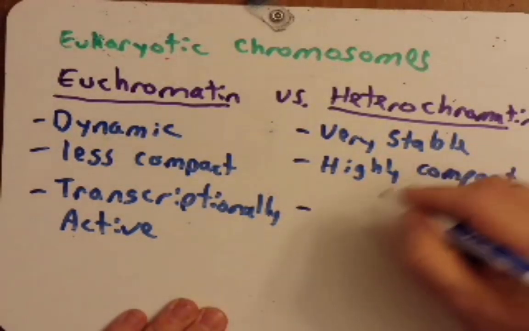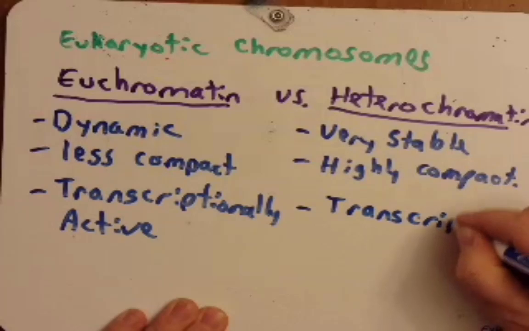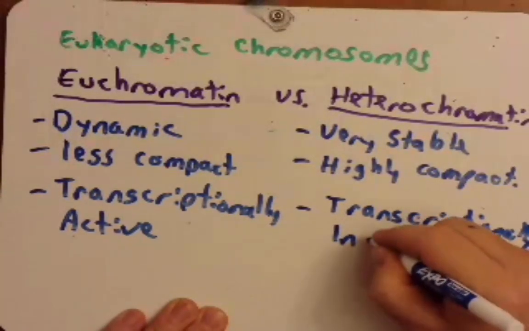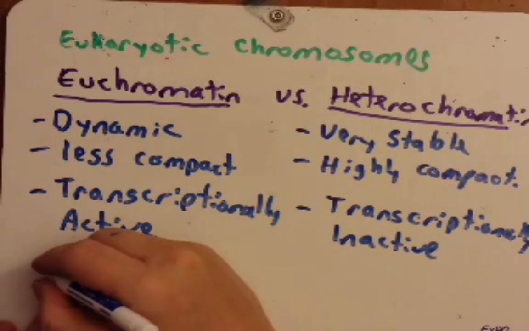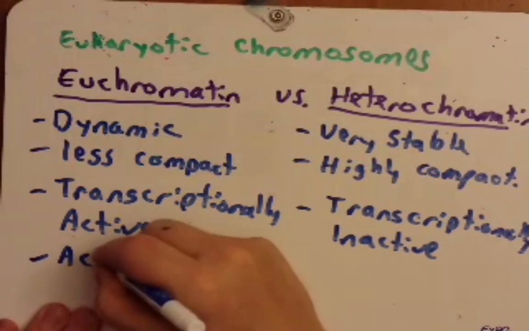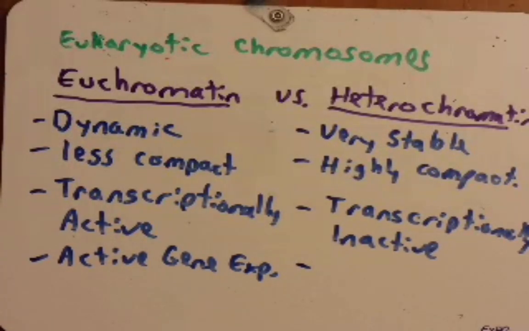Whereas heterochromatin is transcriptionally inactive. You would find euchromatin in areas where there was active gene expression. You would find heterochromatin in regions of the chromosome that are not being actively transcribed, that are, for lack of a better word, kind of inert.